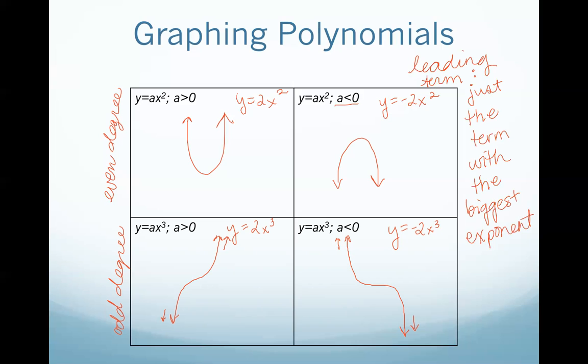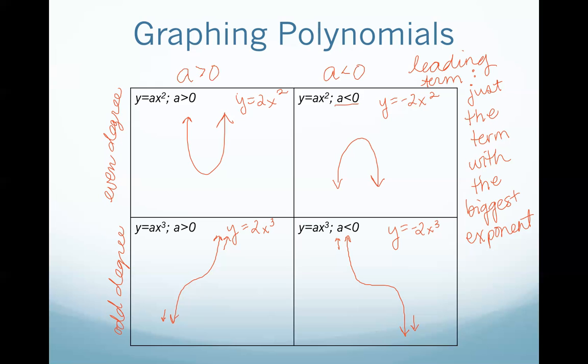And that's all we need to look at in order to know if the graph will be shaped like one of these 4. This is when our coefficient is positive, and this is when our leading coefficient is negative. So all you have to know is that leading term, and then you can know exactly what shape your graph will be. Now that doesn't give us coordinates.